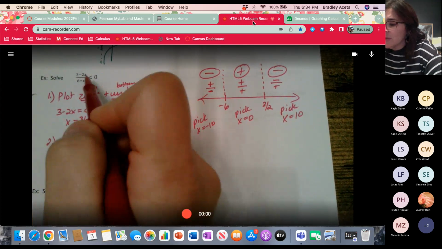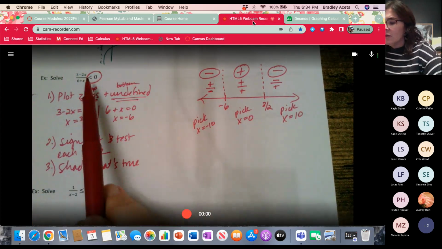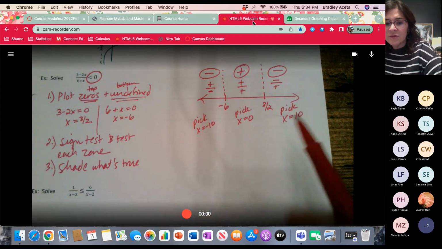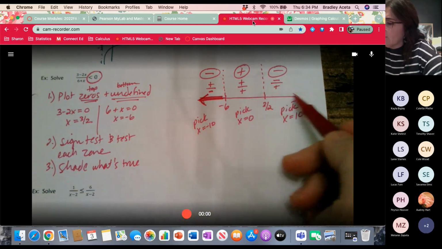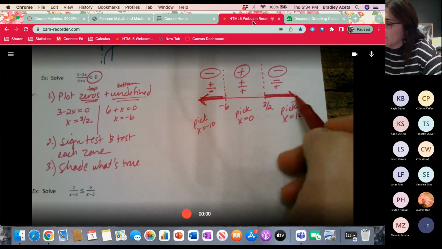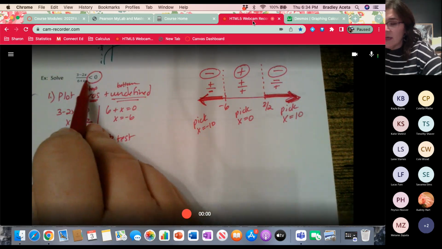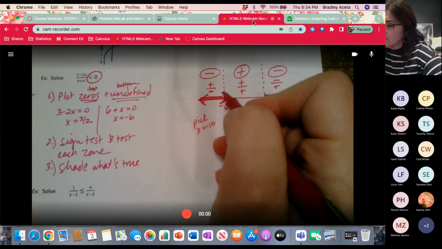What does that mean? Well, we're looking for the values that are less than 0. If you're less than 0, you would be negative. So it would be this section here and this section here. And because this doesn't have an equal to sign, everything has a parenthesis.